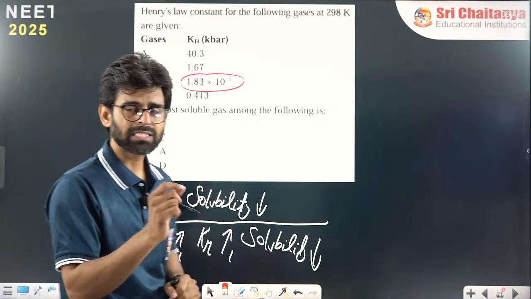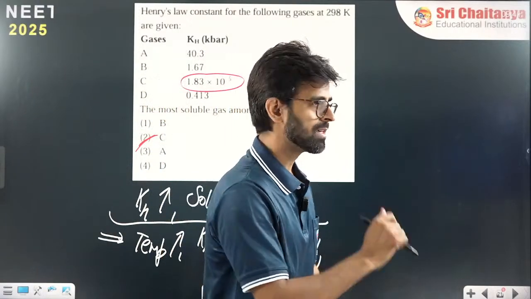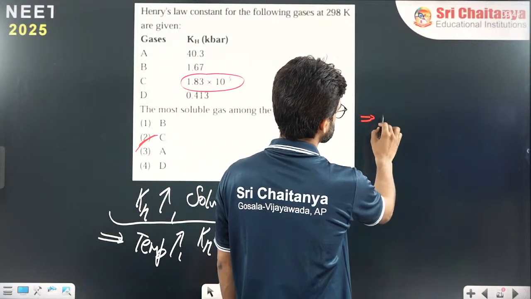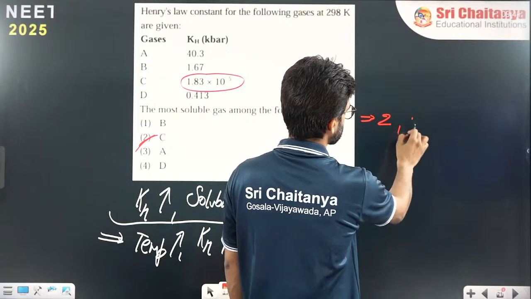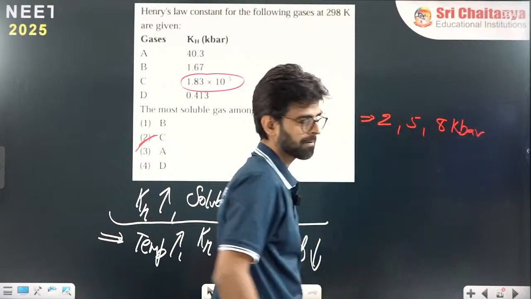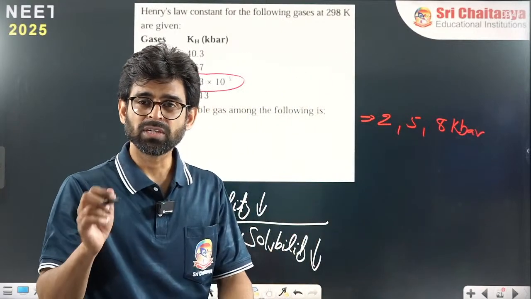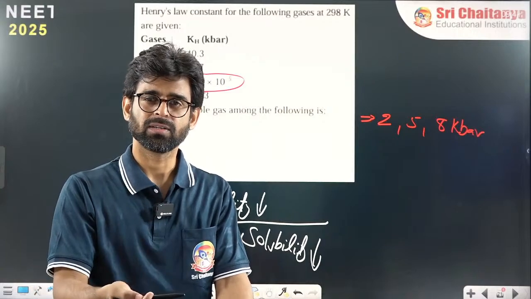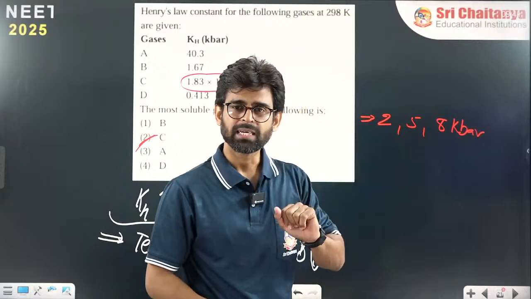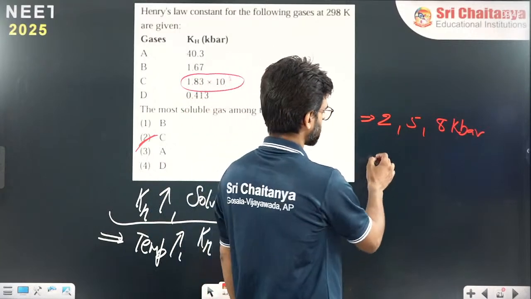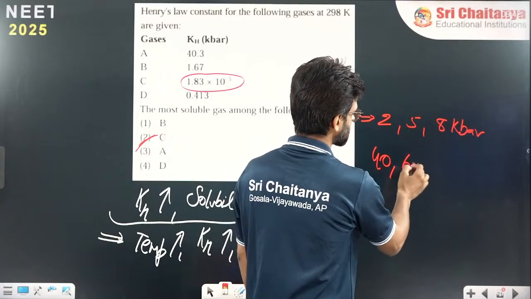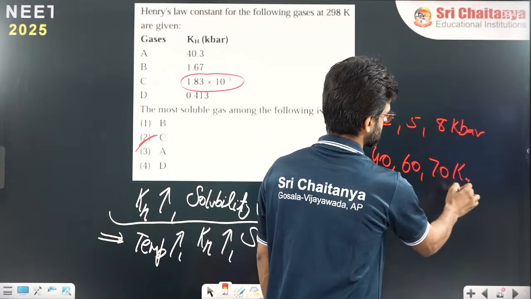What mistakes students made last year? Actually what they were writing, they write like this one. These three gases have this pressure, these have Kh value, 2, 5, 8 kilobar. Remember, if they are writing units at the end of something, that means it is the unit of all. Like I am saying, there are 3 persons having weight 40, 60, 70 kg.